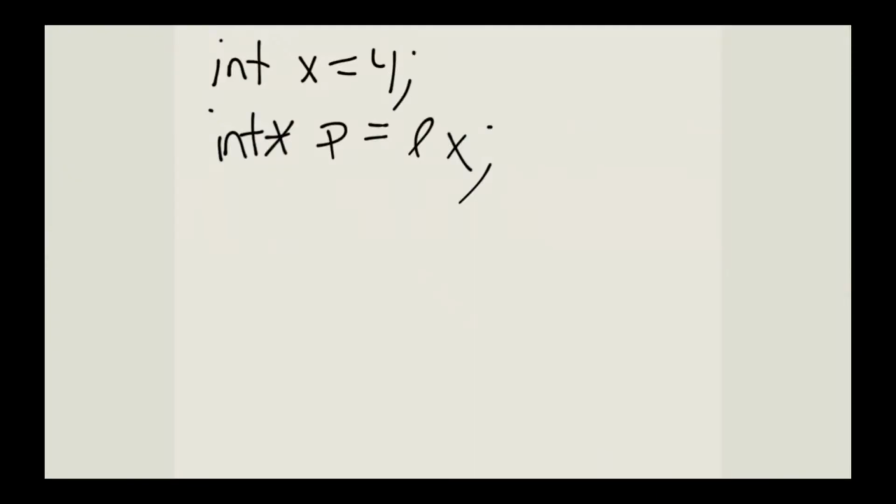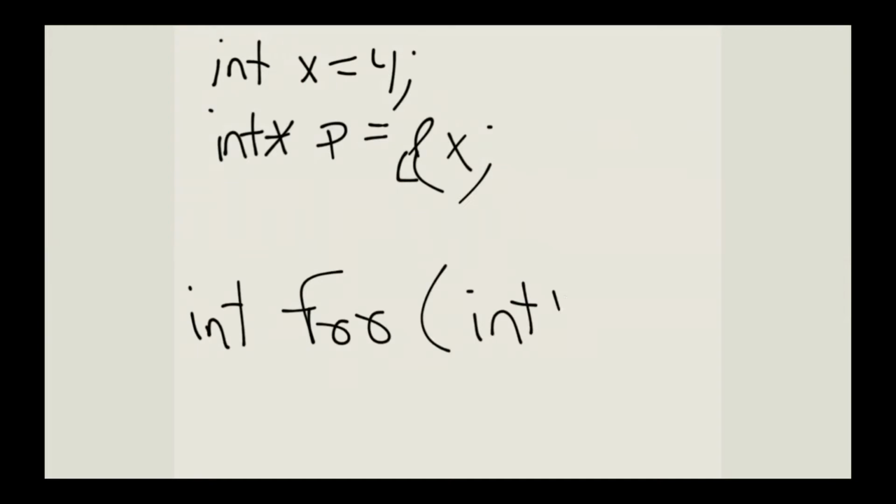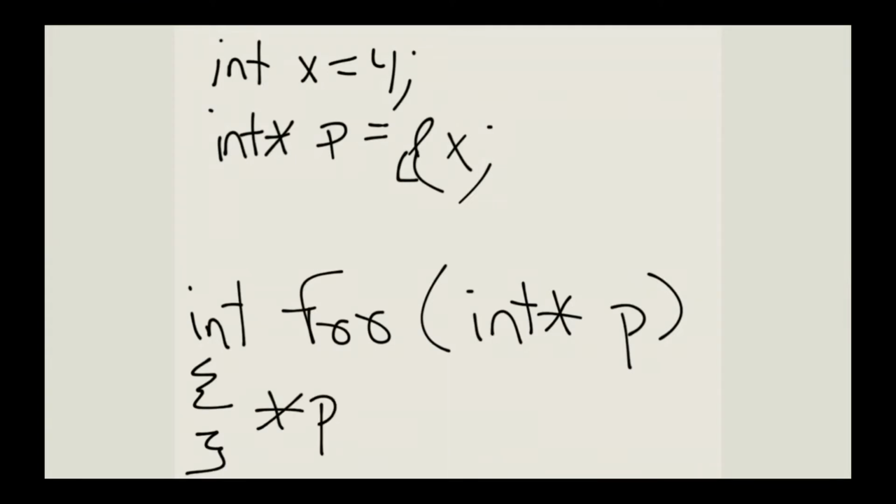So the useful thing about this is once we start getting into functions, so it's kind of useless to declare a pointer that points to something and then you're just dereferencing it when you could have used the original variable to begin with. But when you get into functions, so let's say we have some function int foo that takes a pointer and just does star p equals 6.